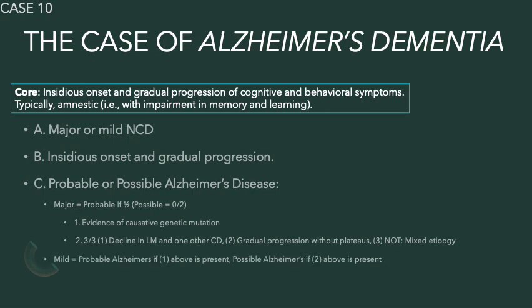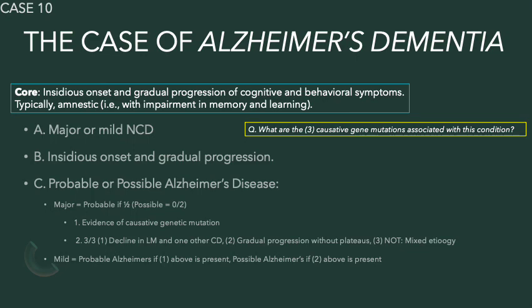It is mild, probable Alzheimer's if evidence of causative genetic mutation is present, and it is mild possible Alzheimer's if all three of the following are present: decline in learning and memory and one other cognitive domain, gradual progression without plateaus, and not due to mixed etiology.